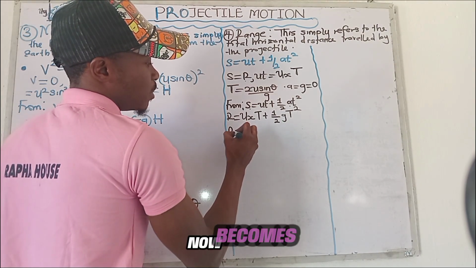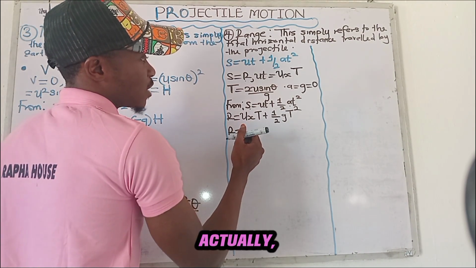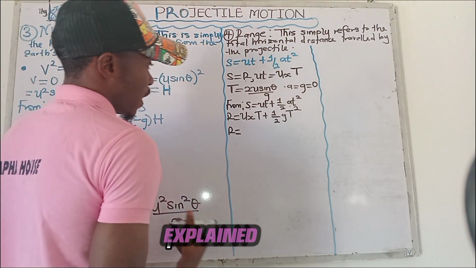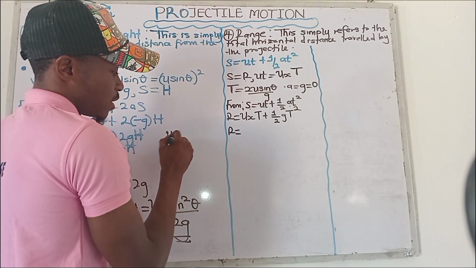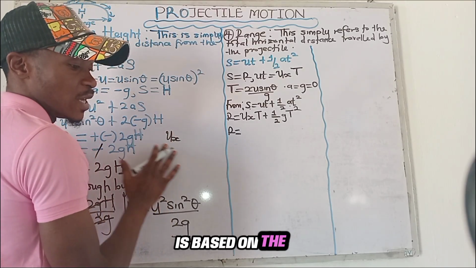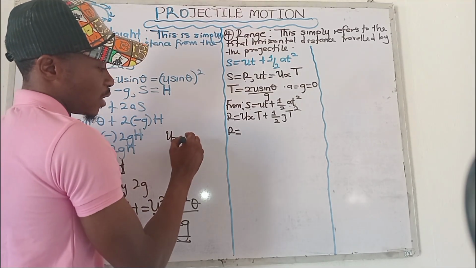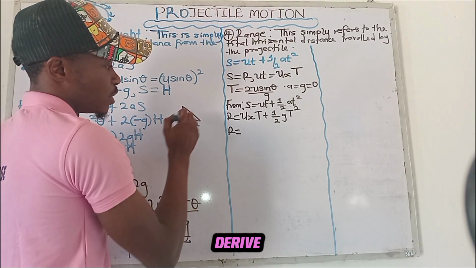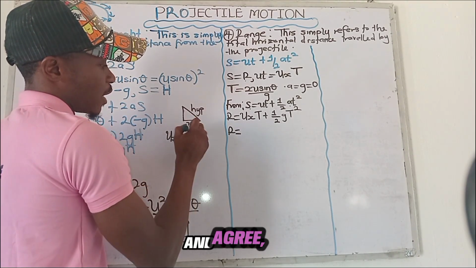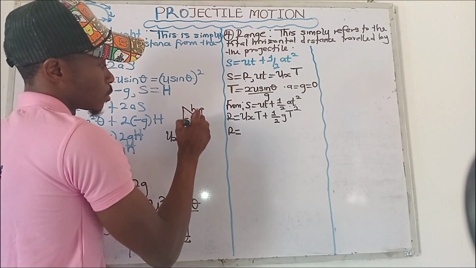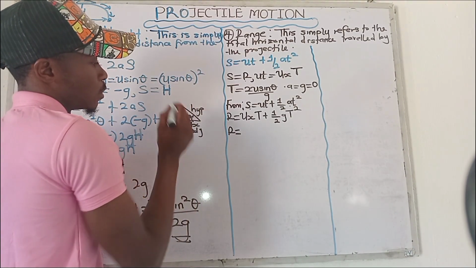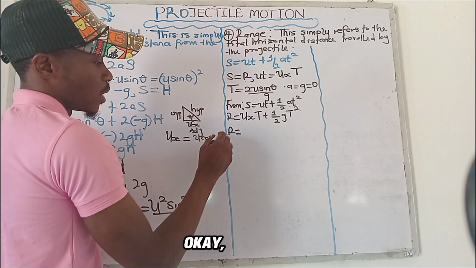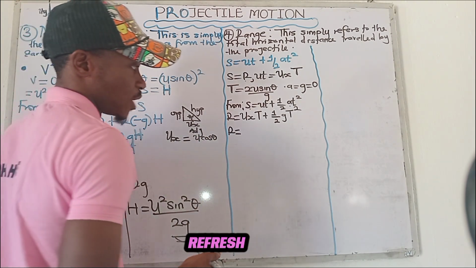Our range R now becomes equals to ux. From the first part of this video, I explained that ux is based on the x dimension of a graph, and from trigonometric ratio, we were able to derive and agree that when you are dealing with ux, you use u cos theta. Okay, you can rewind a bit to refresh your knowledge on that.